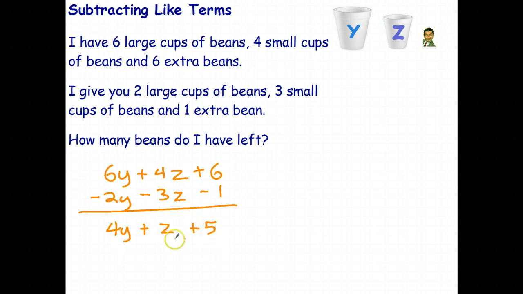So the expression for how many beans I have left is 4y plus z plus 5. So once again, for subtracting, I can only subtract terms that have the same letter part. 6y take 2y is 4y, 4z take 3z is z, or 1z, and 6 take 1 is 5. And the final answer can't be written any simpler than that.